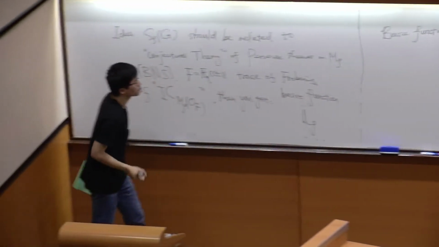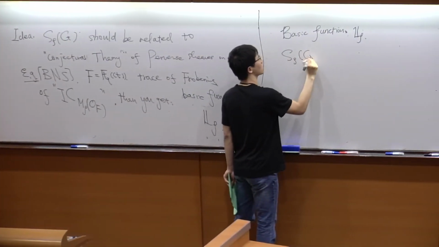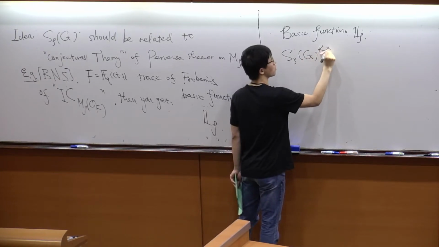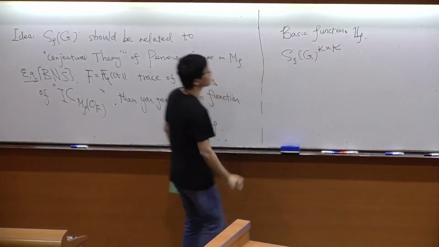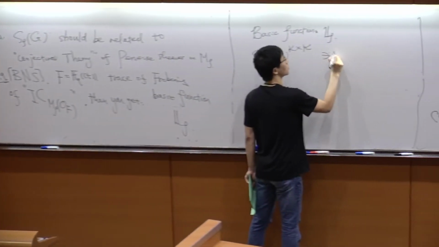It turns out that although the whole Schwartz space is still not clear, there should be some distinguished element in the K-bi-invariant subspace, which we call the basic function.